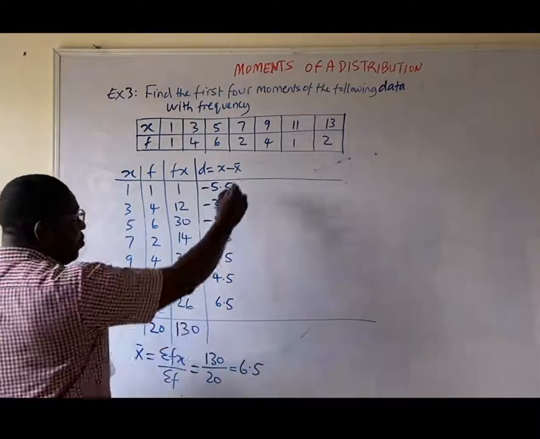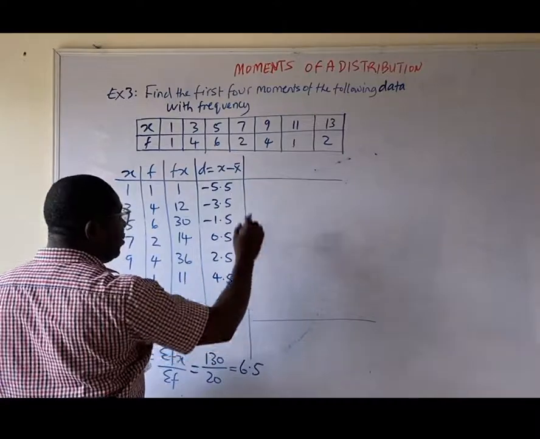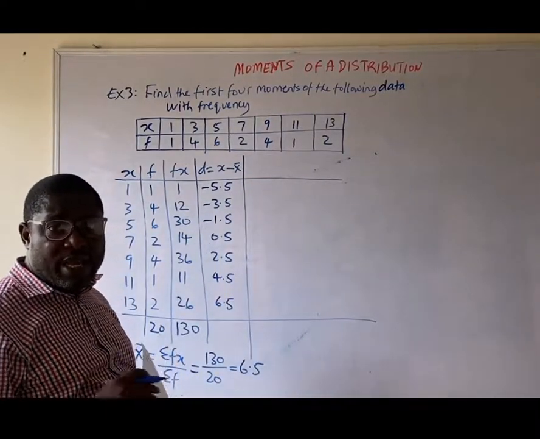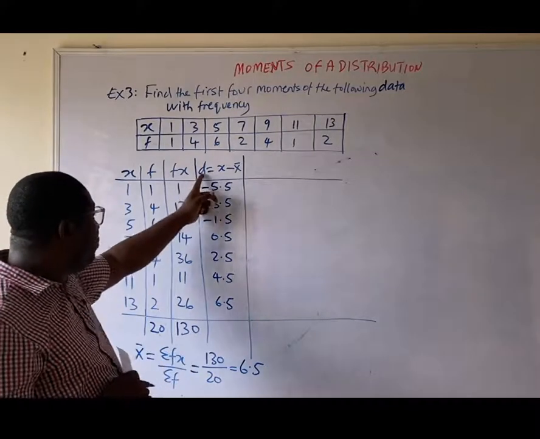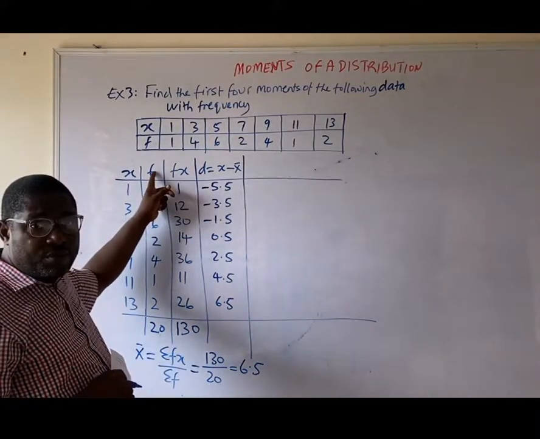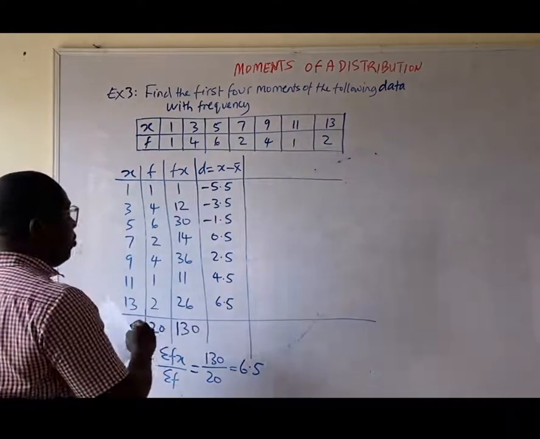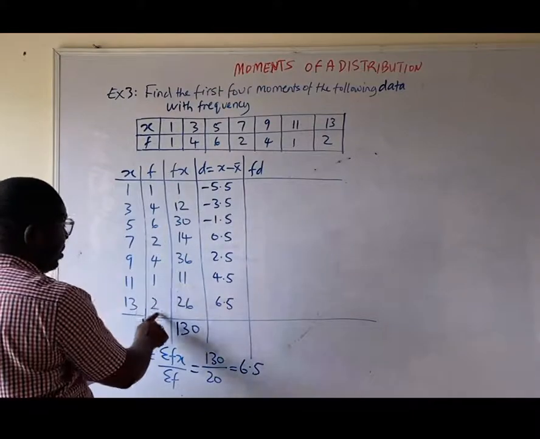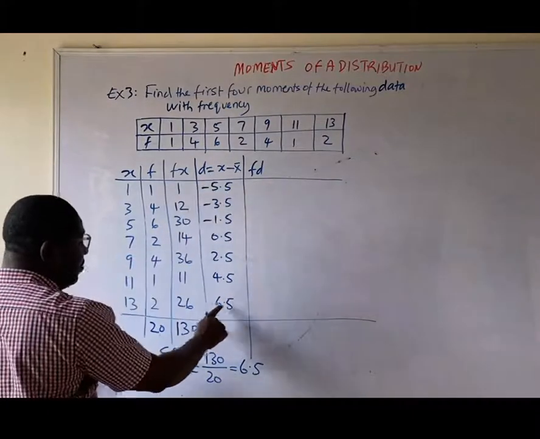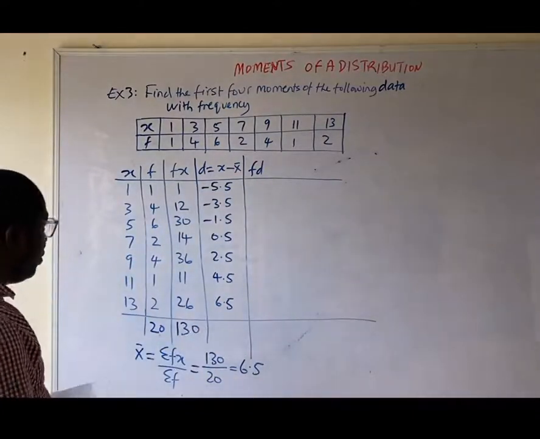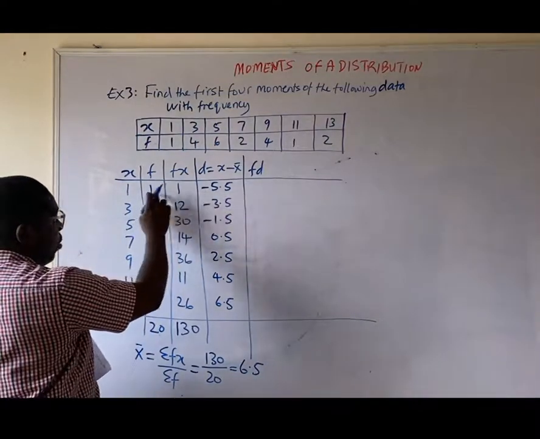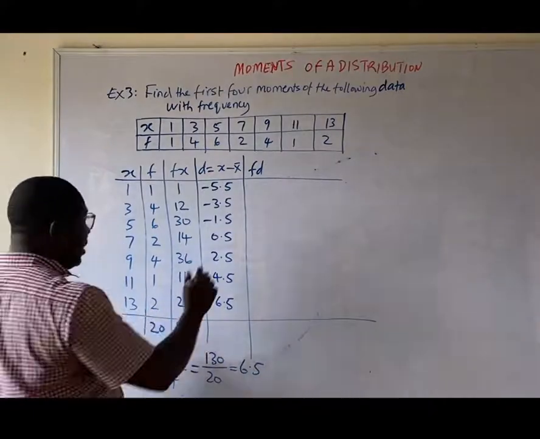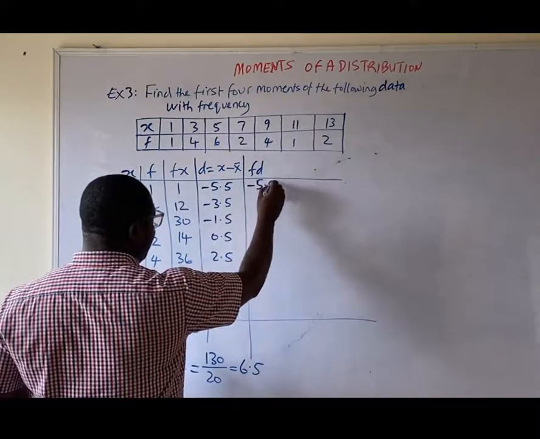The next thing we'll do is find the first degree of deviation. To find that, we must multiply the deviation by the frequency. So what do we have? We have FD, that is frequency times the deviation. If we do this, 1 times minus 5.5 gives us minus 5.5.